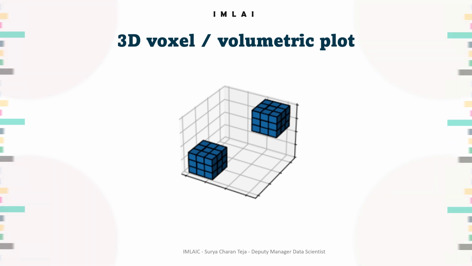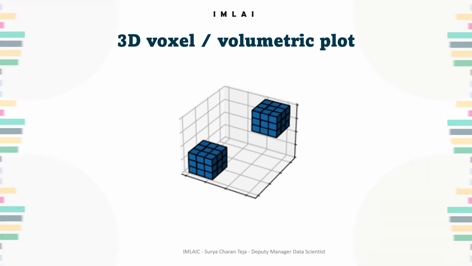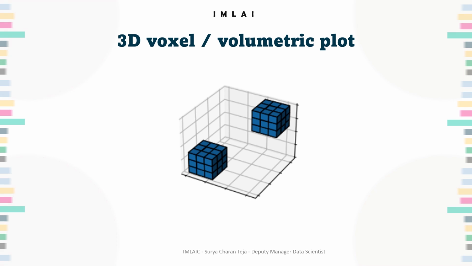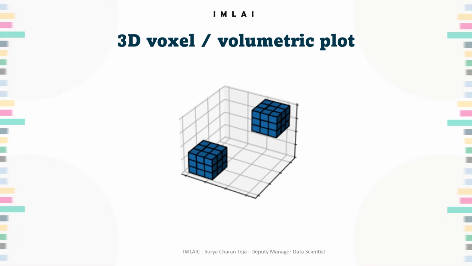So to represent voxels with matplotlib, we have to follow certain steps. The first thing is set the figure size and adjust the padding between and around the subplots, and create random data points between 0 and 1, and create a new figure or activate an existing figure. The next step, the most important thing, is get the current axis, creating one if necessary, but with a projection 3D, and plot a set of filled voxels using the voxels method.